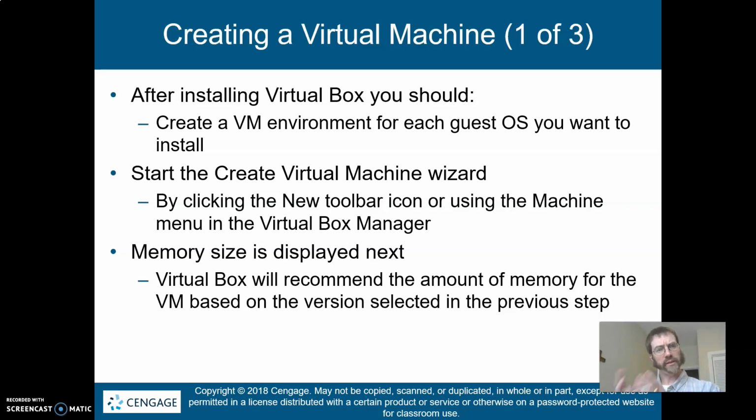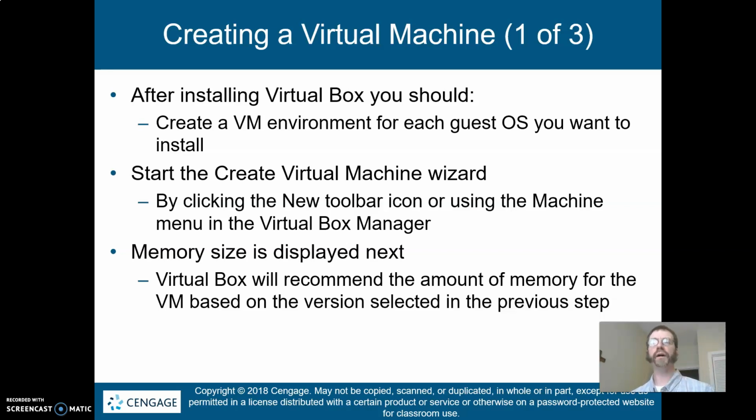Technically speaking, the VMs you build, the individual guest systems, will be VM environments, whereas the raw copy would be the guest OS. But when you hear the term guest machine, VM, guest system, guest OS, all of that means a virtual machine.